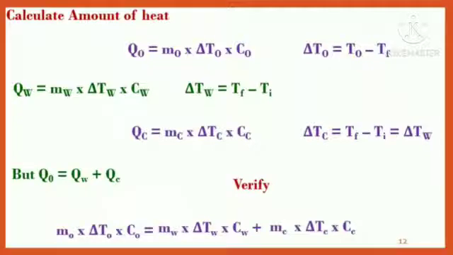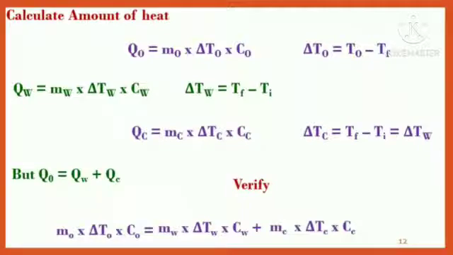But QO is equal to QW plus QC, which means the total heat given away by the object will be equal to the sum of the heat gained by the calorimeter and by water.